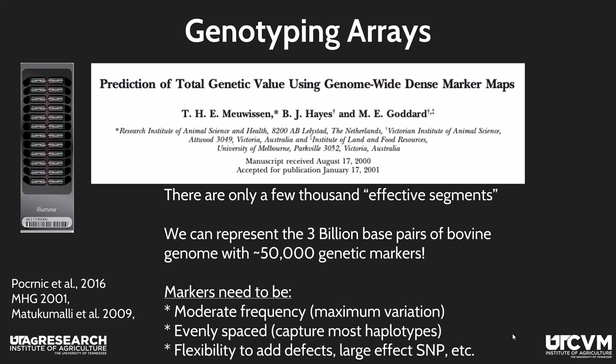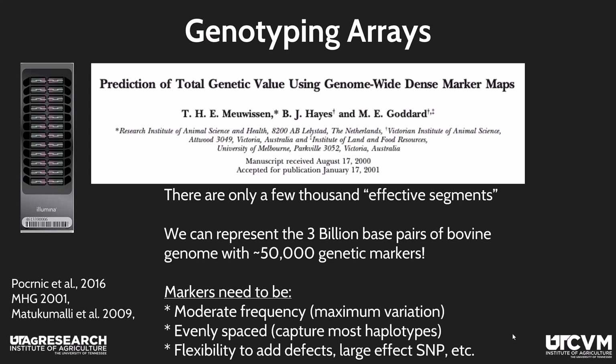But again, this allowed us to go in and find the 50,000 best genetic markers, so they're evenly spaced, we get that full genome coverage, and they account for the most genetic diversity possible. So we call these moderate to high frequency, right? We want to see as much variation in these markers as possible.